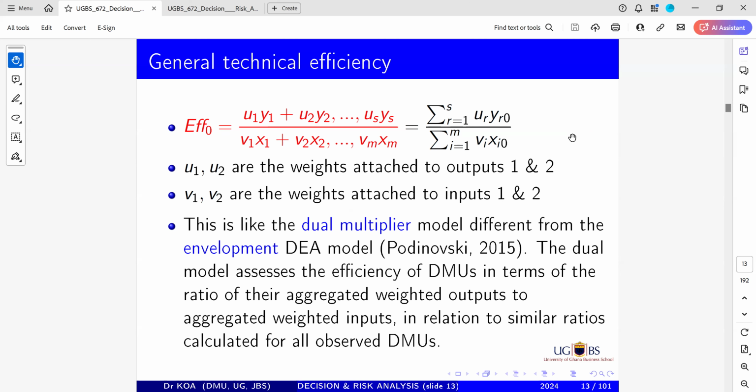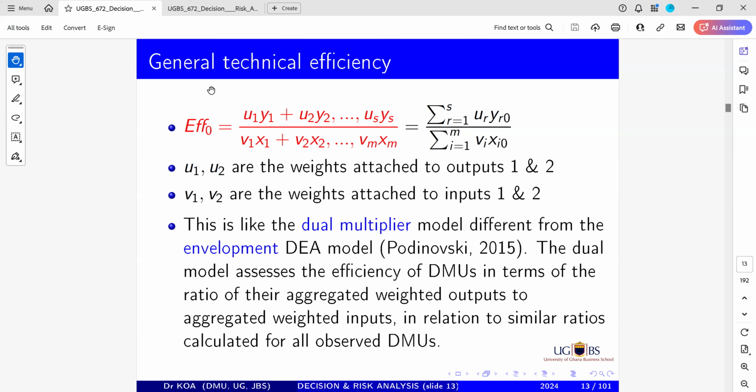Now, the dual model has some characteristics, some attributes that help to assess the efficiency of the firm in terms of ratios. Ratios, as you can see here, of aggregated weighted output divided by aggregated weighted input, given the fact that similar ratios are calculated for all of the observed firms.